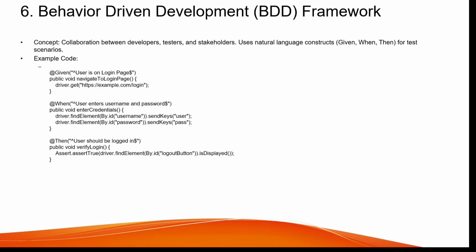Given means something already predefined. When means an action is going on or an action needs to be performed. Then is a kind of assertion, where we check whether our action has been performed properly or not. Those things come under the then keyword.